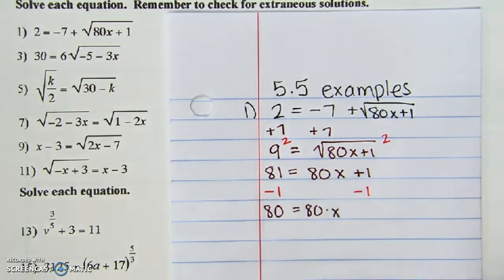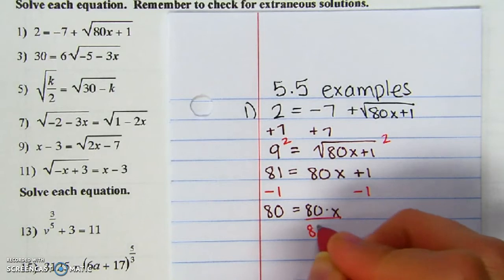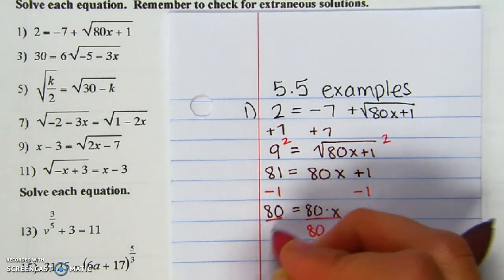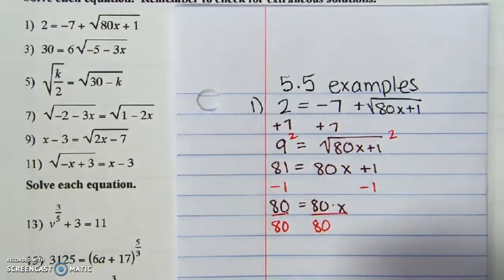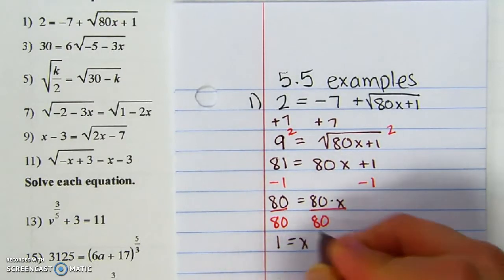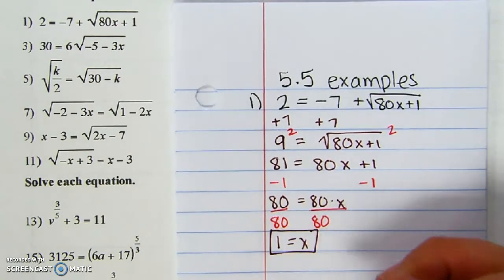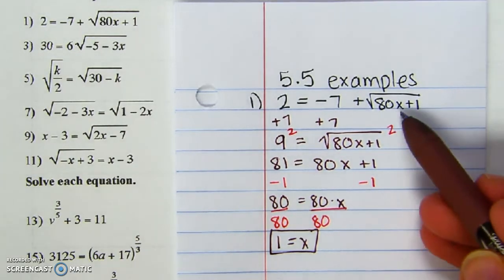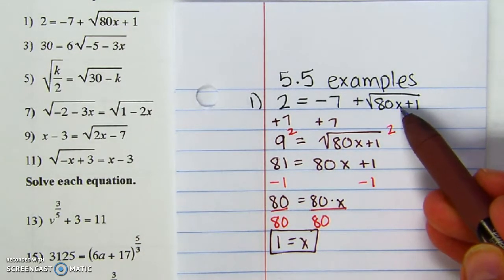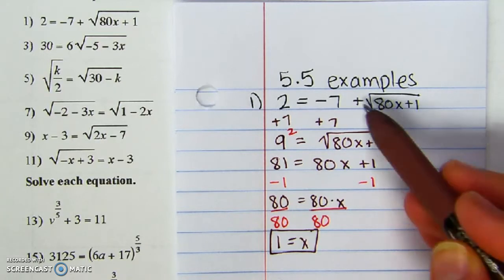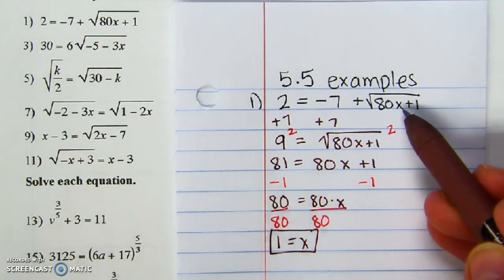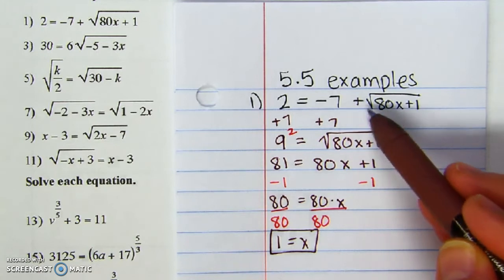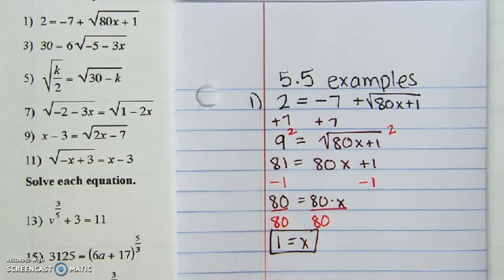It says 80 times x, so we're going to divide by 80. 80 divided by 80 equals 1, x equals 1, and we should plug it in to check. I'm not going to have time on the video to check every single answer, but 80 times 1 would be 80 plus 1 is 81. The square root of 81 is 9, and negative 7 plus 9 equals 2, so we're good.